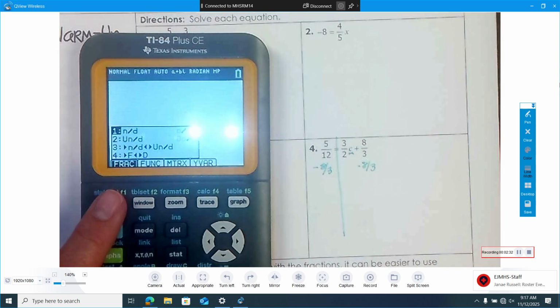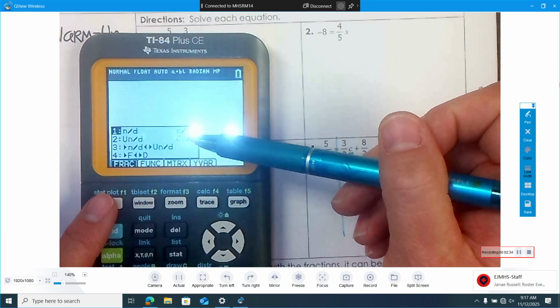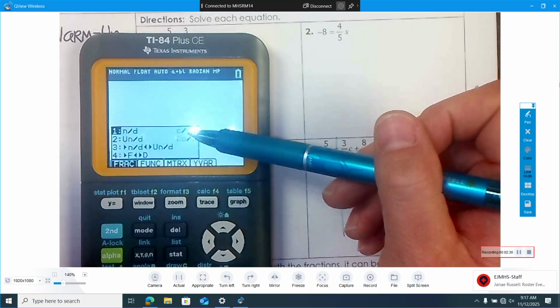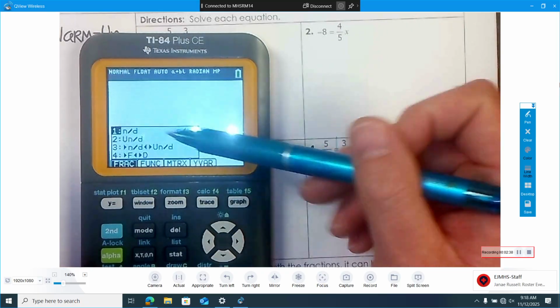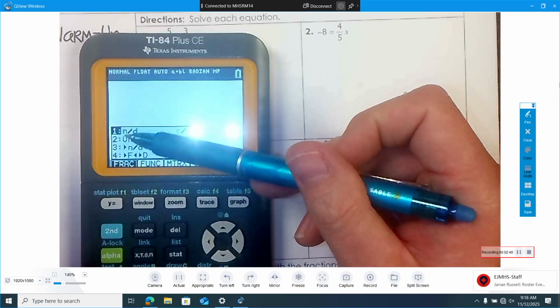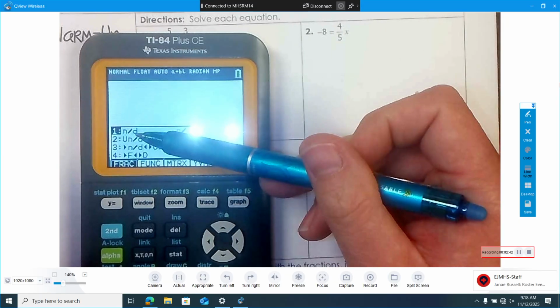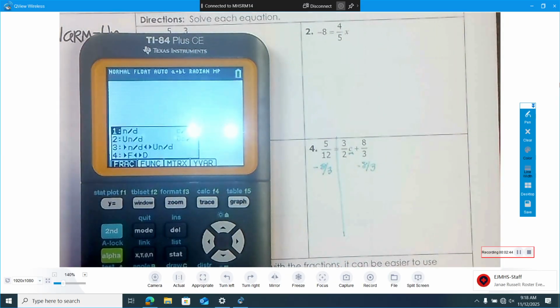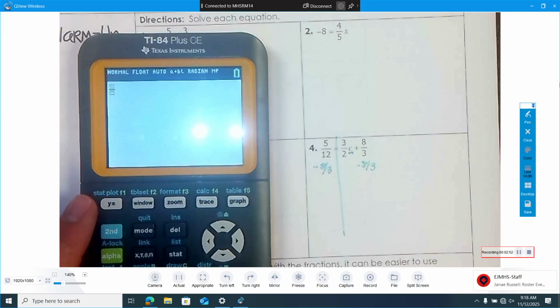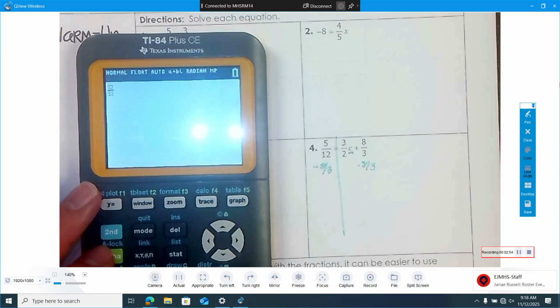This is our fraction menu, and option number 1 is just a fraction, numerator over denominator, and that's what we want to choose here. You can press 1 or hit enter, and it creates a lovely little fraction for us.